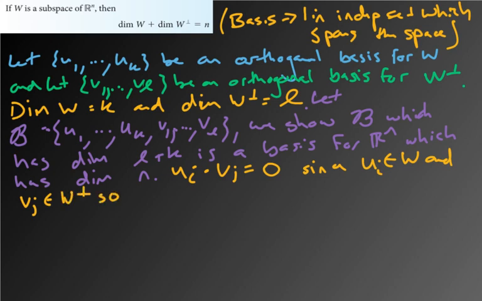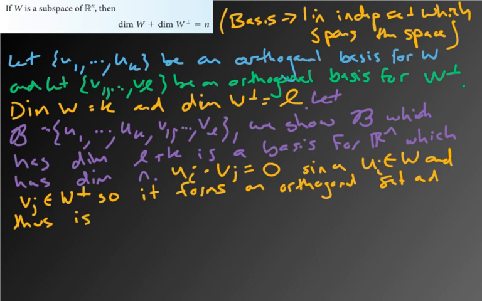And so it forms an orthogonal set, and thus is linearly independent. This is good because it does the first part of our basis for us. We just need to now show that it also spans the space. And we know it's linearly independent because that's just a result of orthogonal sets.